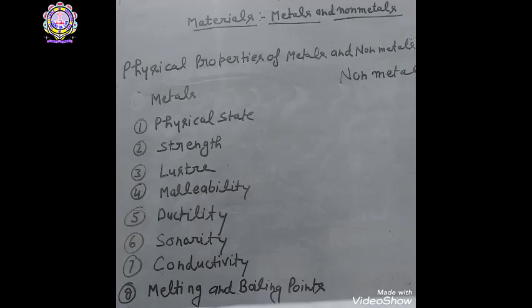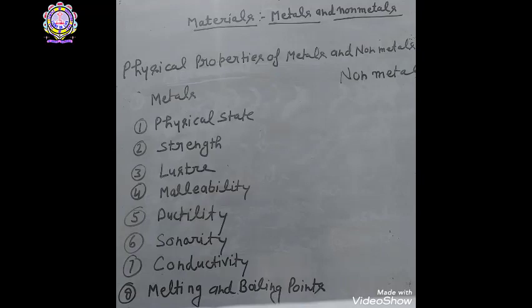Gold, silver, copper and aluminium are very ductile, but non-metals have no ductility. They break on stretching. So, non-metals are non-ductile.